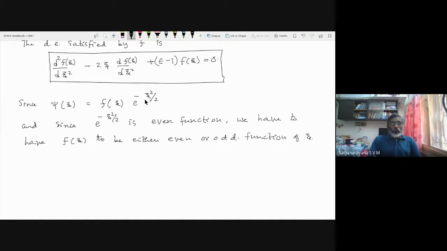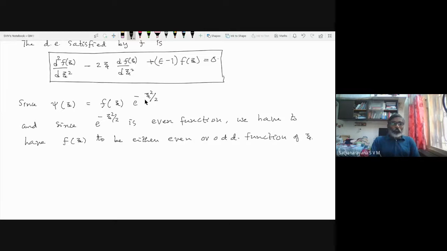Now the point is that since we know that this restriction is there, that it has to be some even function or an odd function, I can write down. So for example, if it can be written in terms of a power series in powers of xi, now if it has to be an even function, you should have only even powers of xi. If it is an odd function, it should have only odd powers of xi. So we can write it in the following way.